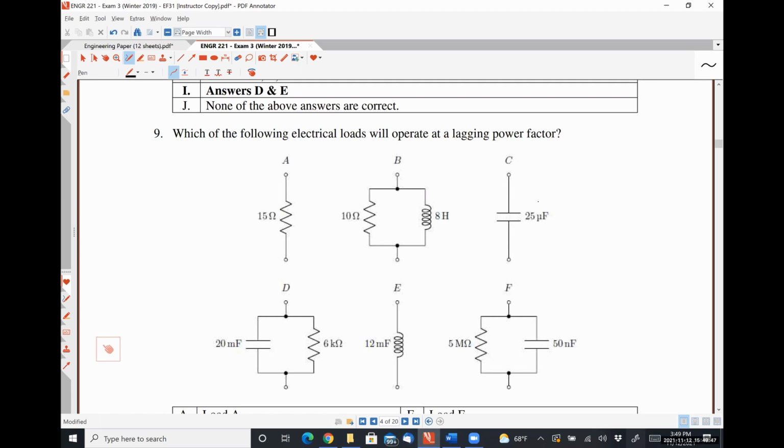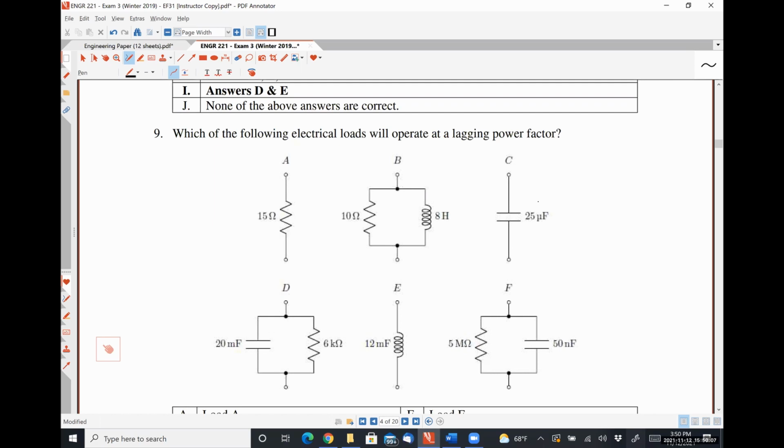So if we look at A, that's just a resistor. A resistor operates at a power factor of 1 because all of the power absorbed is average power. So the power factor ratio there would be 1, right? 1 is neither leading nor lagging, okay?